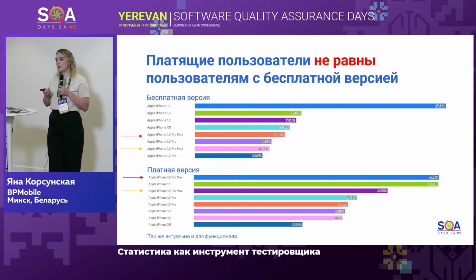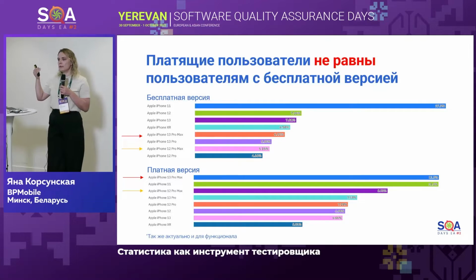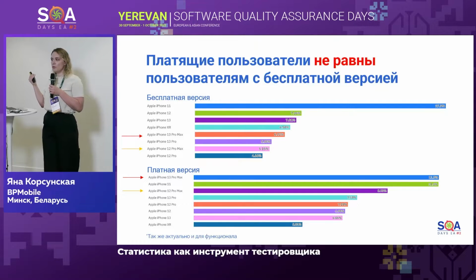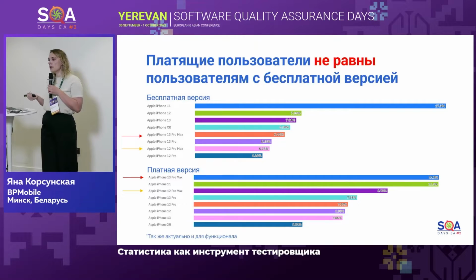Consequently, in this case, while testing the functionality that is aimed at users of the paid version, we may increase our performance requirements for the device, because the free version users use more inexpensive devices.